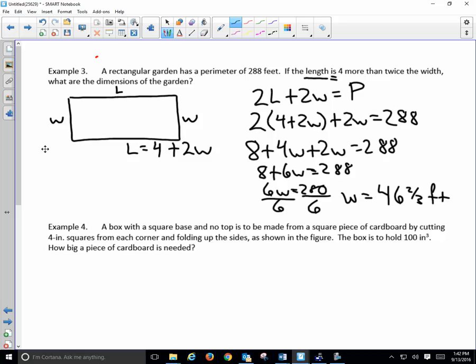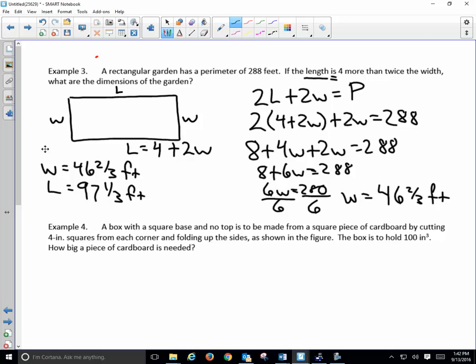The question asks, what are the dimensions? So I have width is equal to 46 and 2/3, but I need length. How will I do that? Plug it back in. 2 times 46 and 2/3 gives me 93 and 1/3. And add 4, 97 and 1/3 feet. Now I've answered the question.